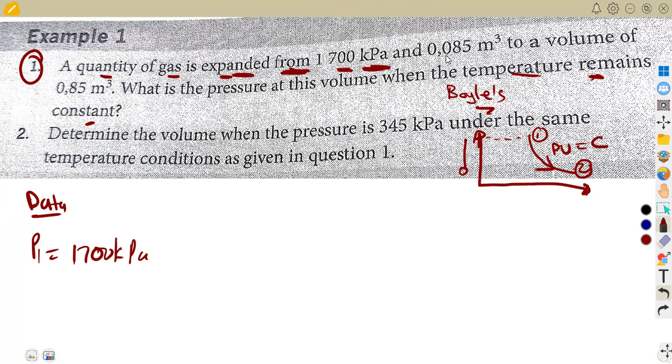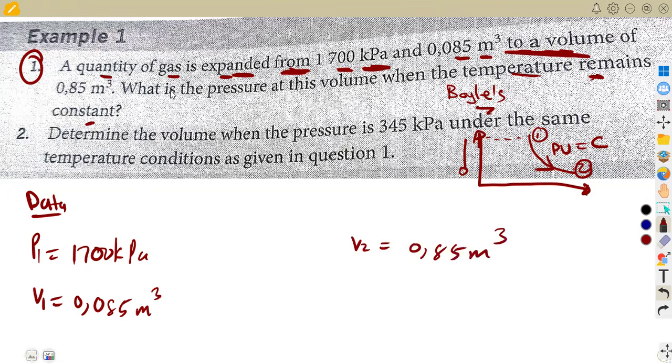And the volume at the same condition at the inlet, we have V1 as 0.085 cubic meters. For the second one, V2 is 0.85 cubic meters. So the question is, what is the pressure at this volume?